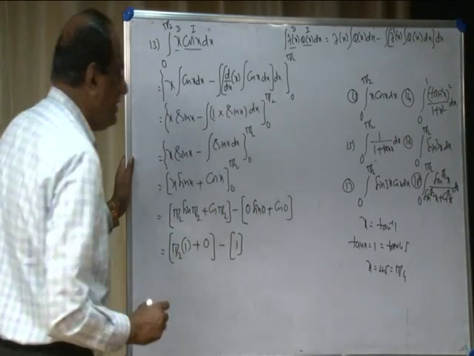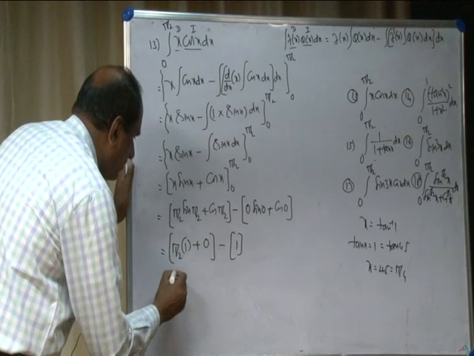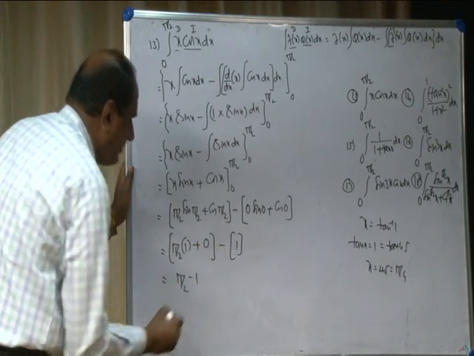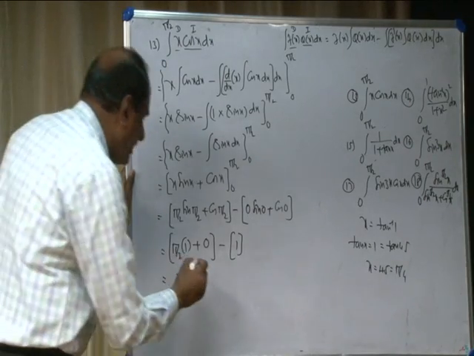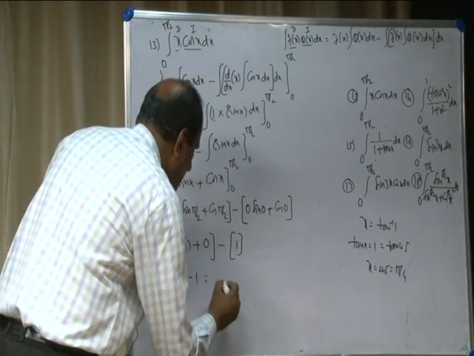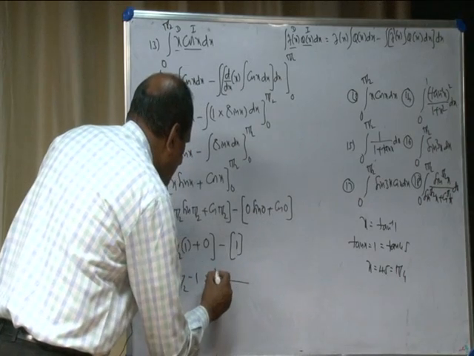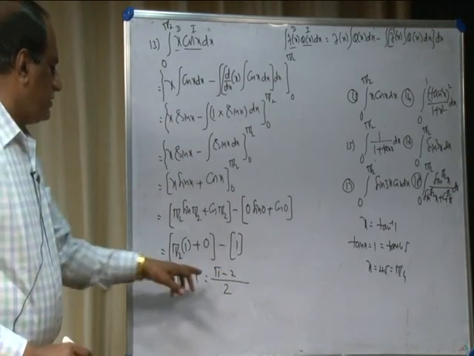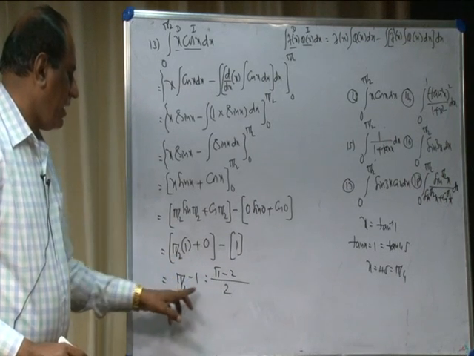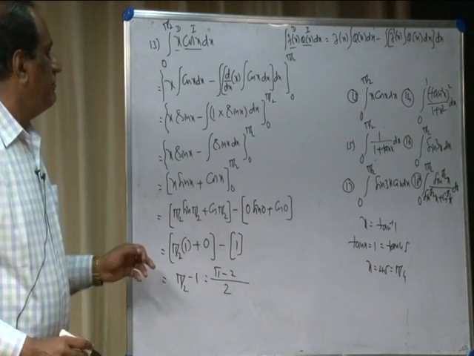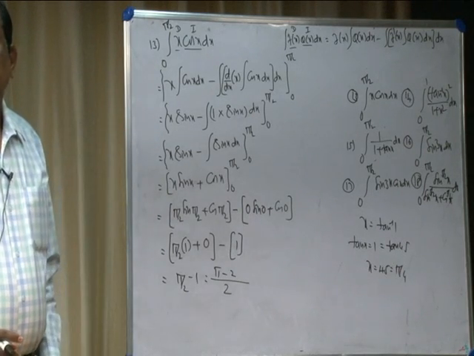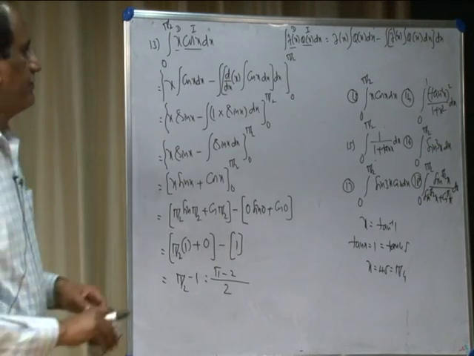So this is pi by 2 minus 1, or we can also write this with LCM 2 as pi minus 2 by 2, or pi by 2 minus 1. So this is the value. This problem comes under the integration by parts method.